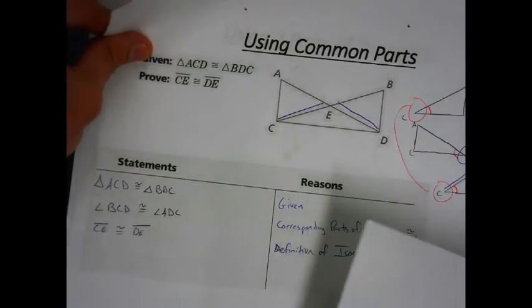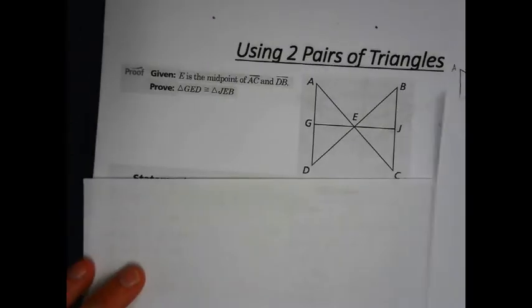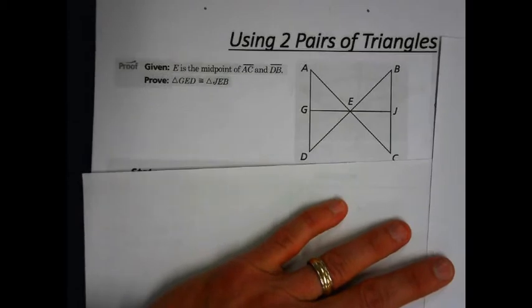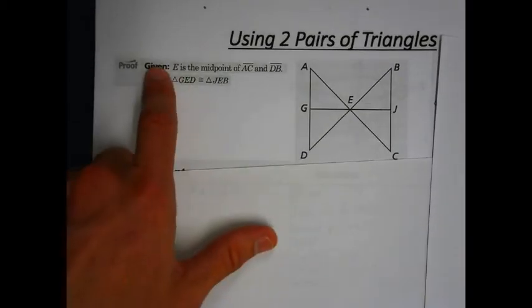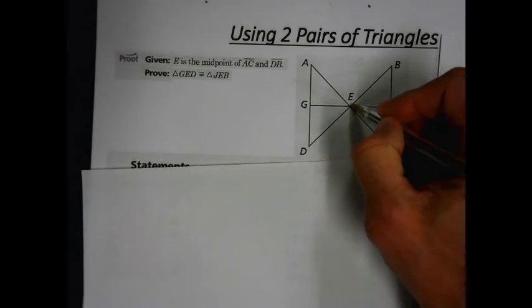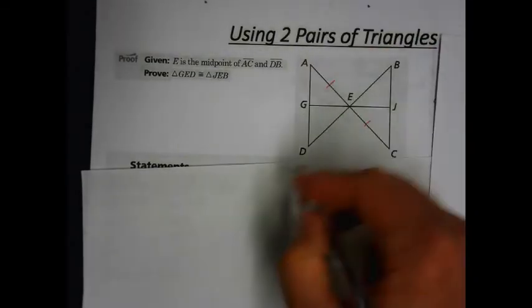Let's continue. More crazy stuff. So look at this crazy diagram now. It's getting nuts. E is the midpoint of both AC and DB. Wait, what? What does this even mean? E is the midpoint of AC down here, and the midpoint of DB over there.